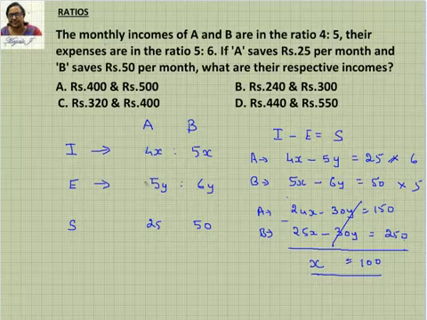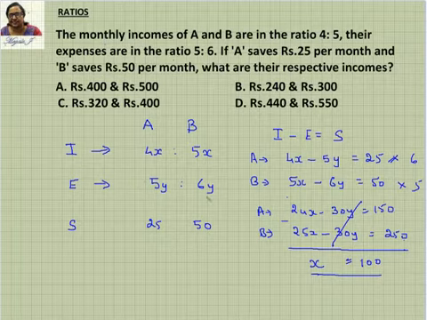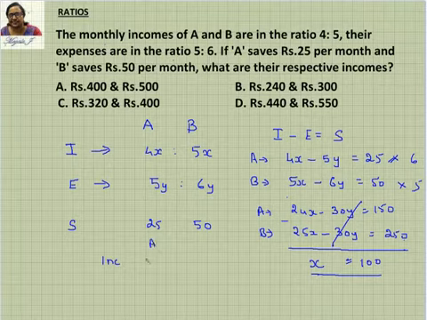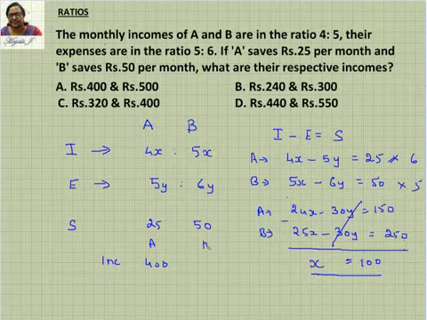In case it is asked, you can substitute this x value in any one of these equations and find the y value, but here they're not asking for that. You just have to find out the income. A's income is nothing but 400, because 4x, x is 100, and B's income is 500. That's the answer.